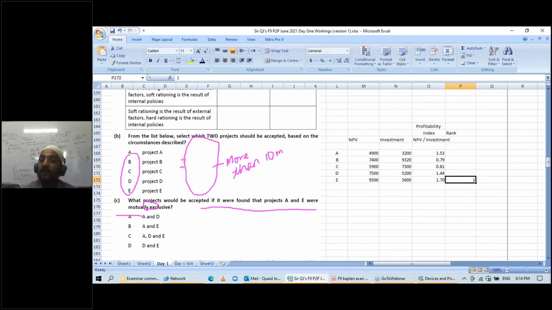This is giving you 1.7 NPV per your dollar of investment. Then the next will be project A, then third will be project D, then fourth will be project C, and the fifth will be project B. So this will be the ranking.